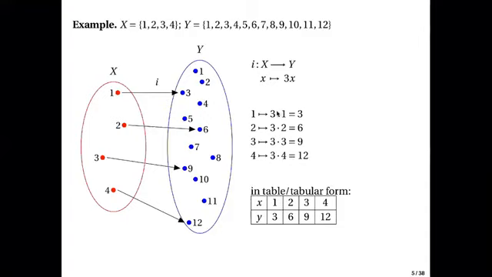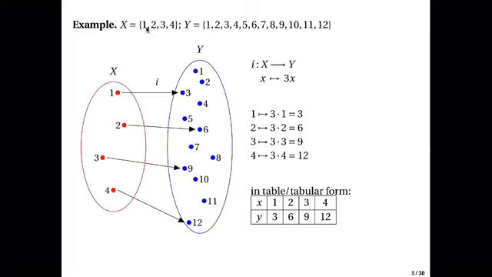Okay? So this here is the enumeration of this mapping. So this X maps to 3X. This is the rule that you want to satisfy. And here, you just enumerated all of them.